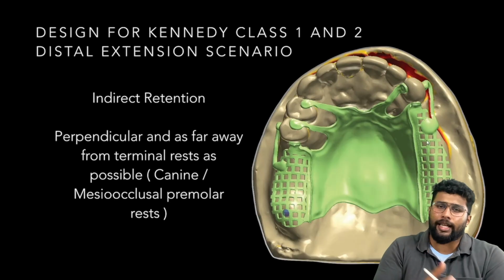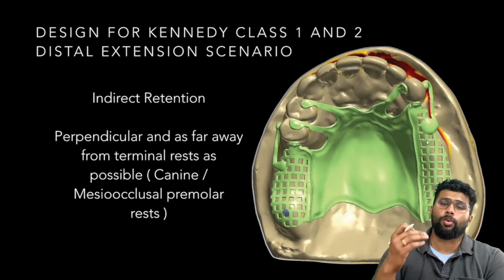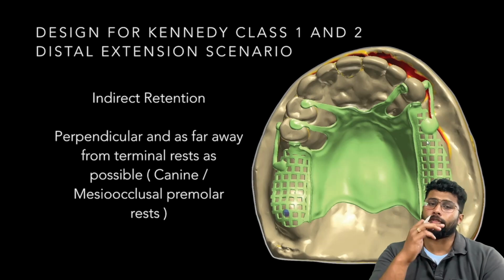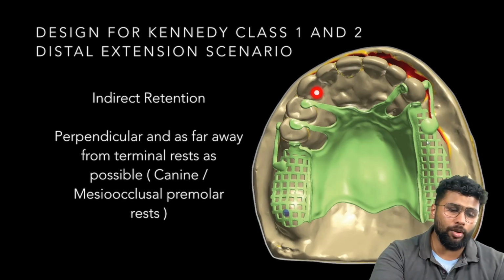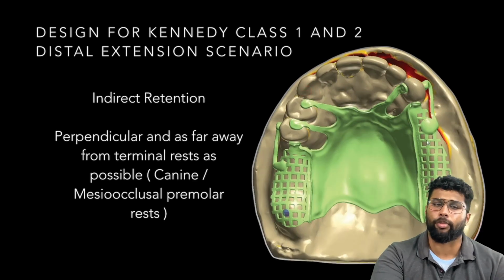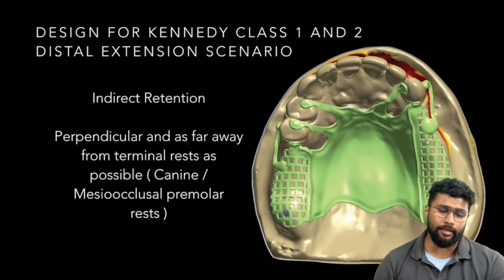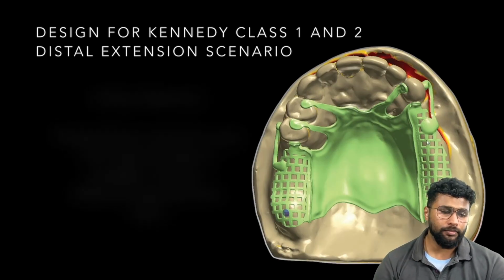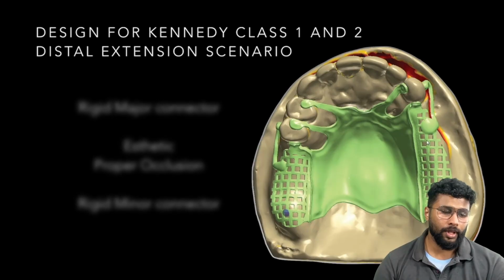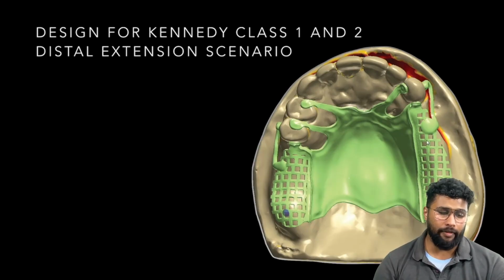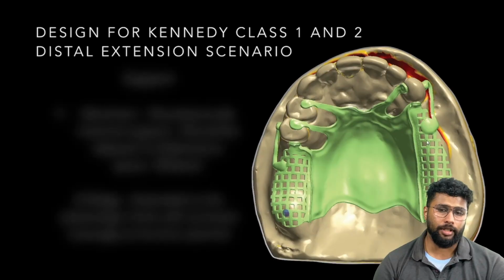So the canine is not preferable. So that would end us on a second compromise, and we basically load the mesio-occlusal fossa of the first premolar, which is the usual indirect retainer in a distal extension scenario. And of course, you will have a rigid major connector.